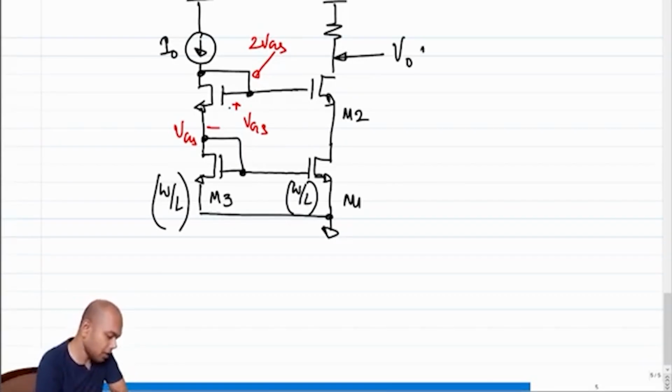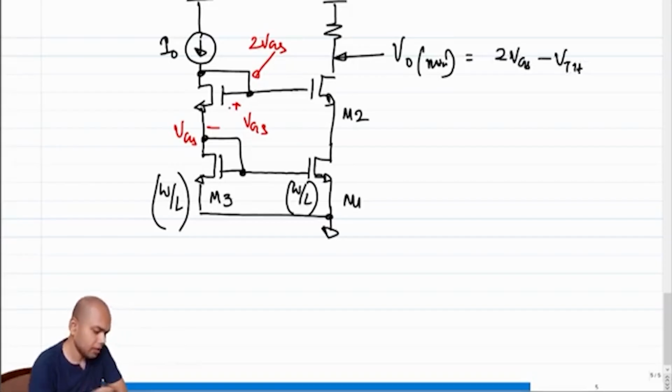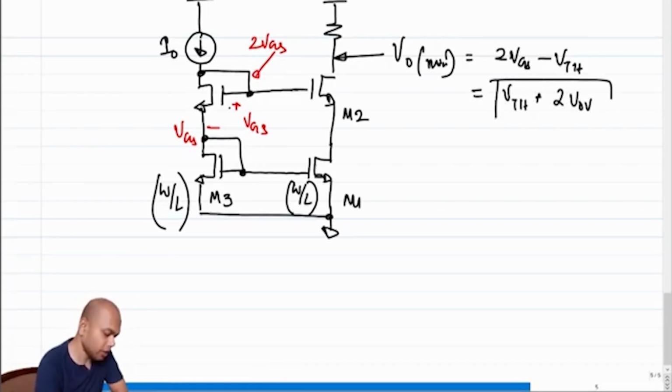Clearly V0 min now is equal to 2 VGS minus 1 threshold voltage, right? Which is essentially, if I replace the VGS with threshold voltage plus V overdrive, so this becomes 1 threshold voltage plus 2 V overdrive, correct? So this is V0 min, and this clearly is lower than 2 VGS.